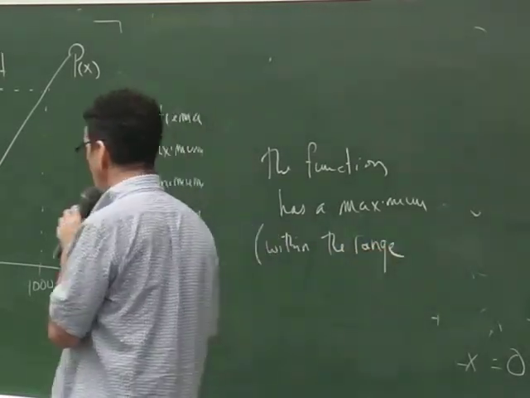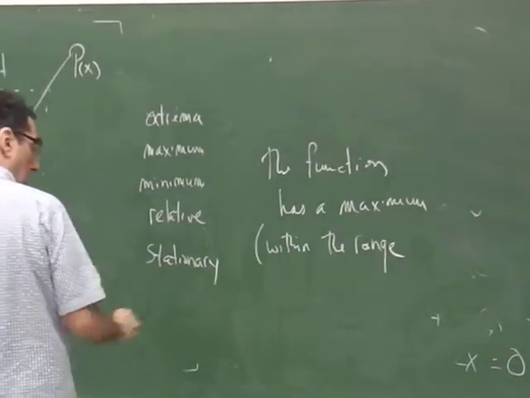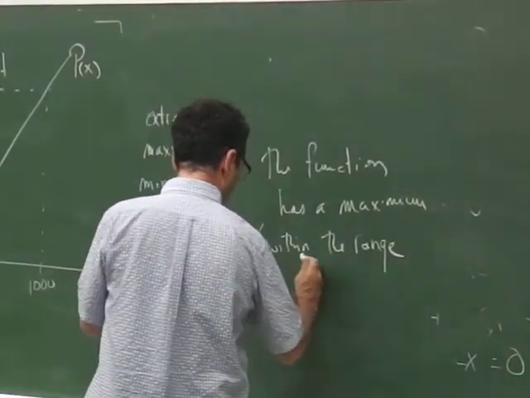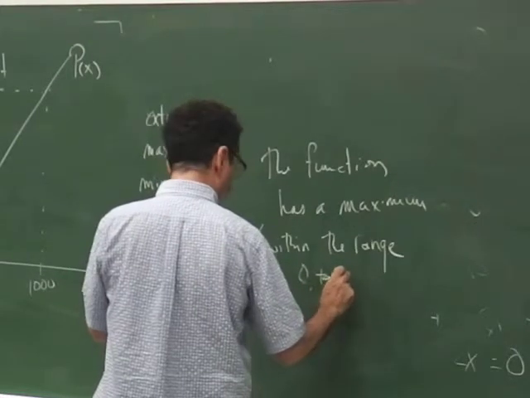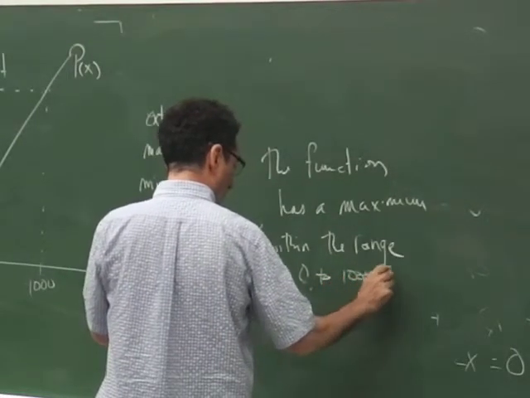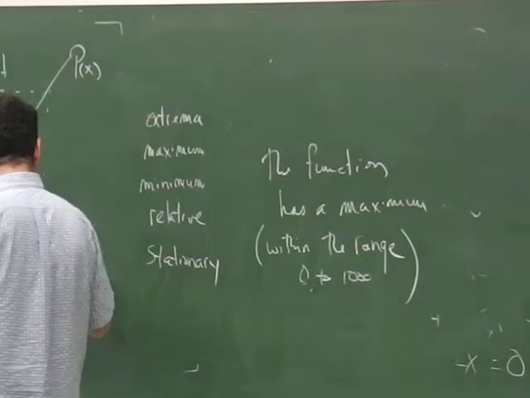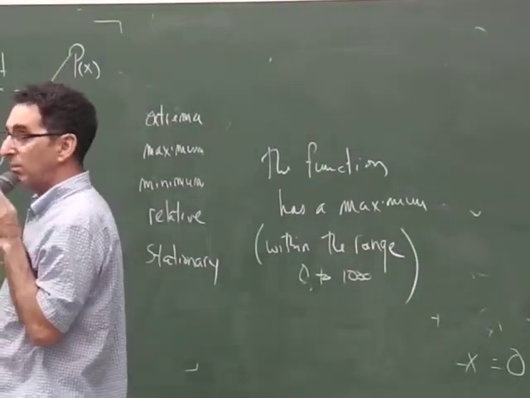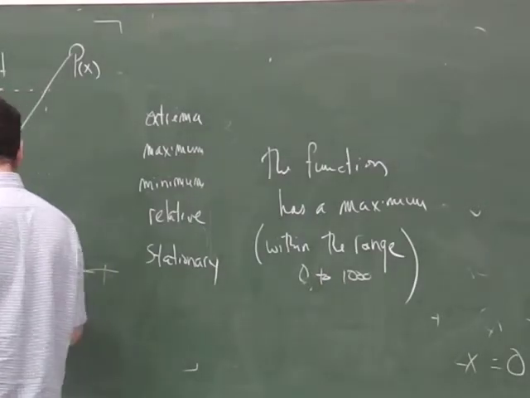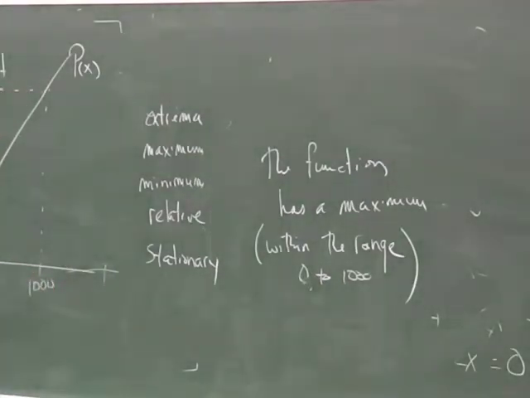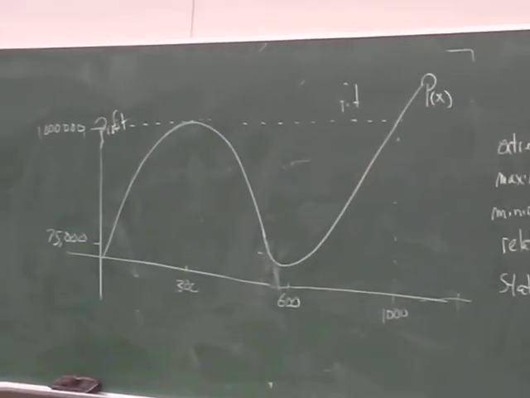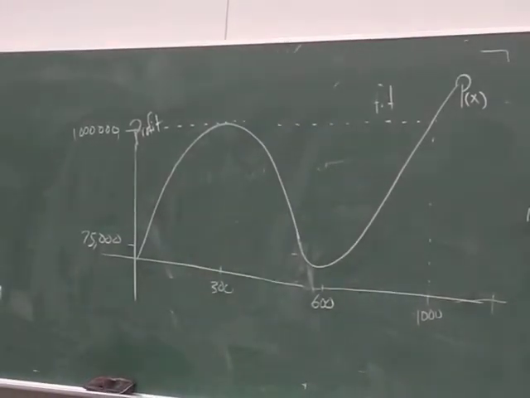So I mean, I'm talking about x within the range of 0 to 1,000. So I'm not talking about over here, because here it goes up beyond, gets higher. So I'm just limiting my view to between here and here. So within that range of x, we say it has a maximum at 300.